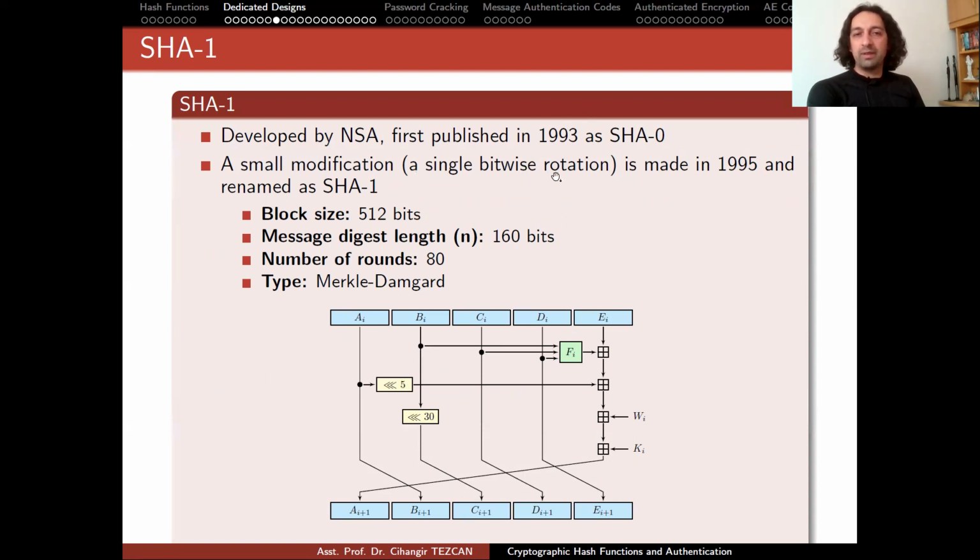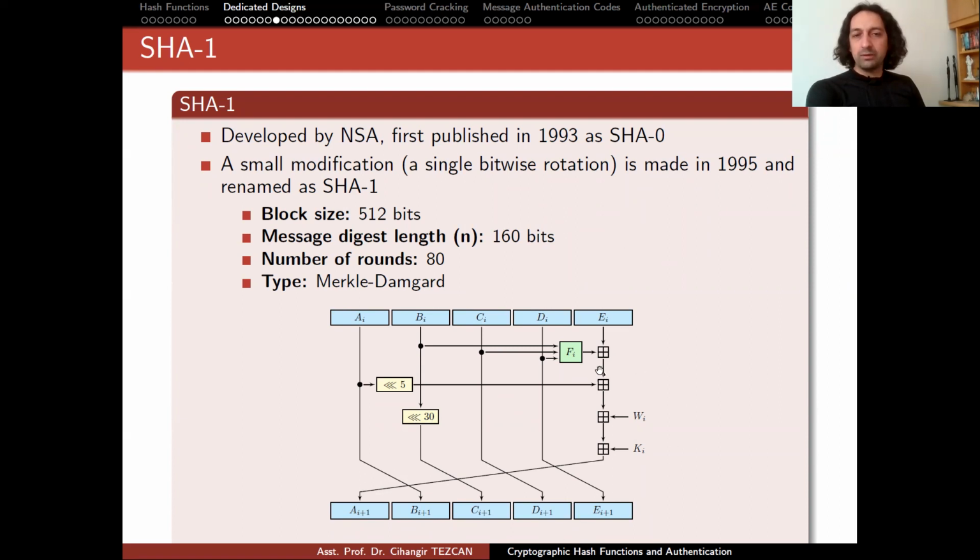They added a single bitwise rotation in 1995. I think this rotation wasn't there in SHA0, but they realized that this would make the hash function weak, so they added this rotation. The added version is referred to as SHA1, and the previous one is referred to as SHA0.